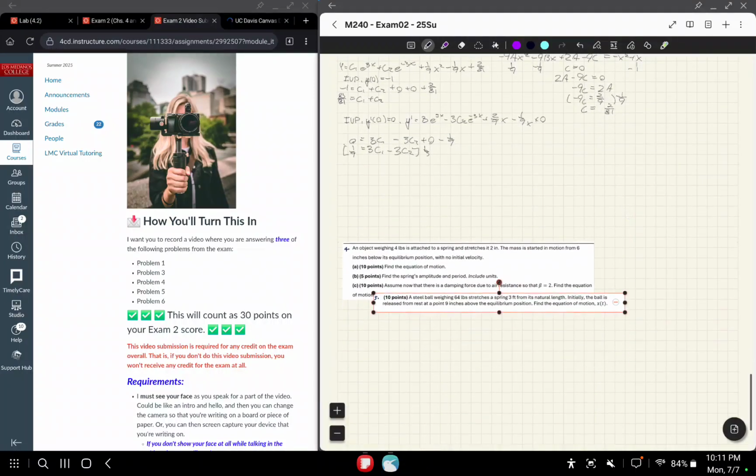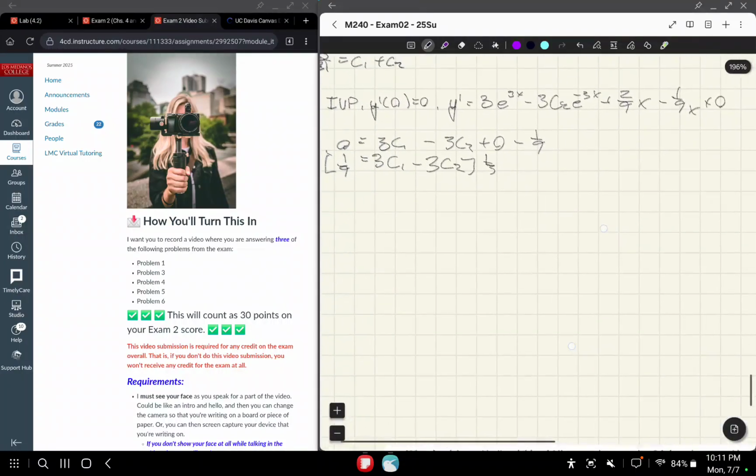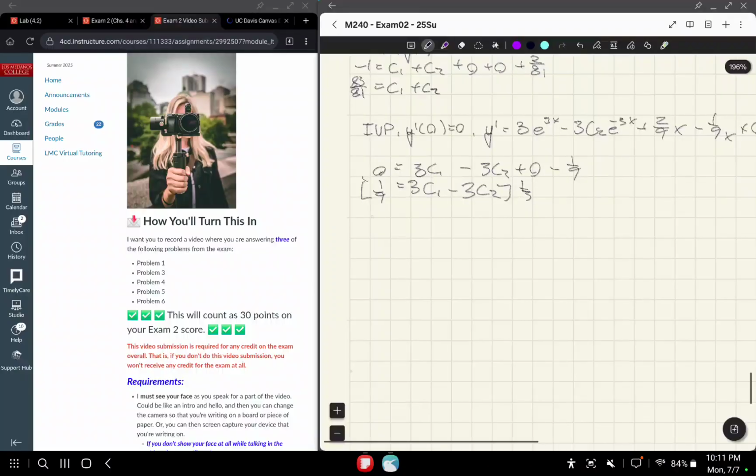So what we will have now is 1 over 27 is equal to c1 minus c2.